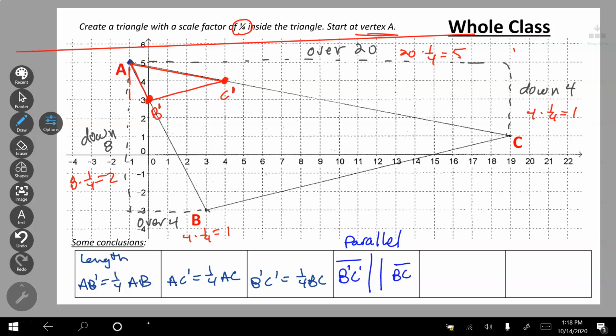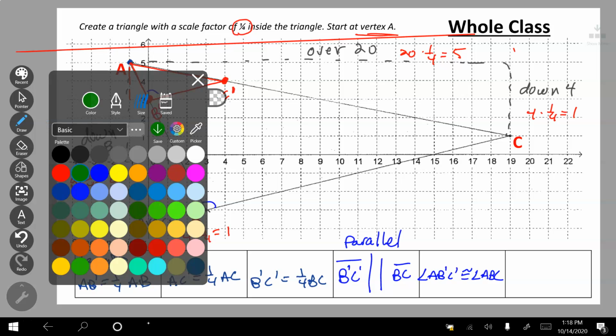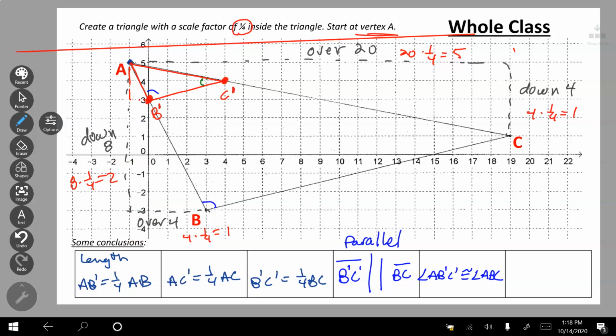Well, that means that angle AB prime C prime is congruent to angle ABC. These angles here by corresponding angles. And then also this angle here and this angle here. So angle AC prime B prime is congruent to angle ACB, again by corresponding angles.